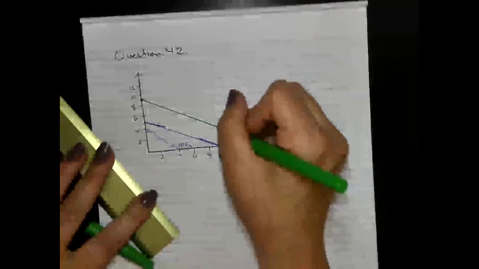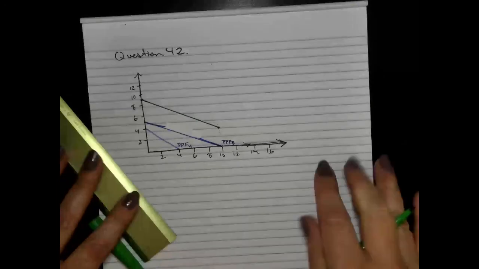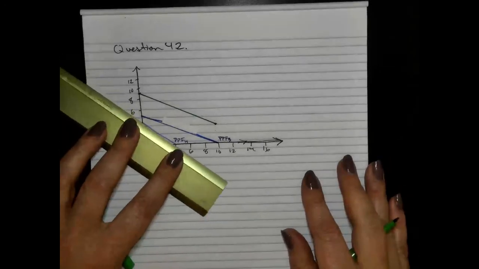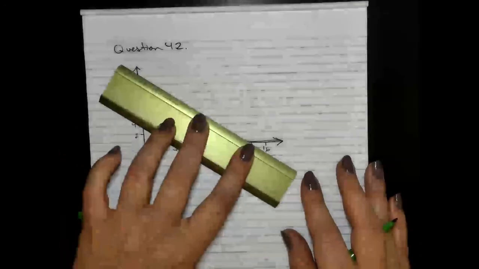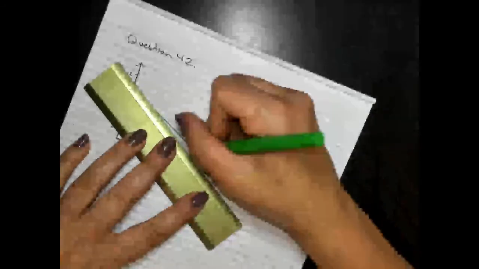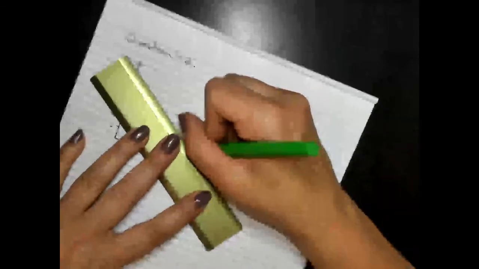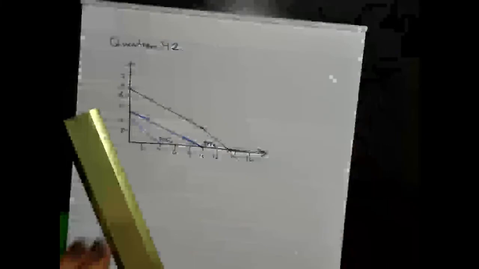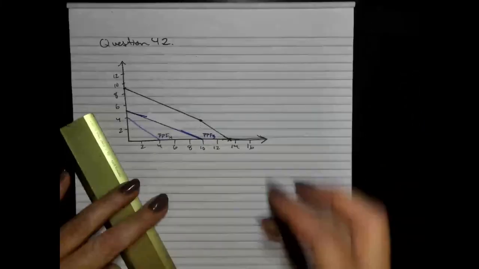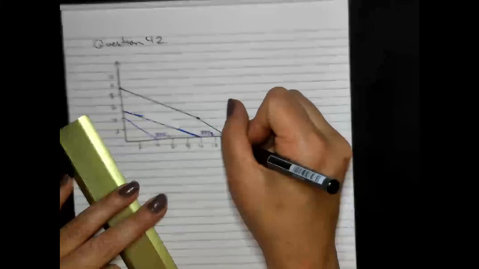And that's where there's going to be a bit of a kink, because now I'm going to add on the additional productivity of the second individual, which takes me with this same slope over to 14. It's going to be a little bit less kinked than I want it to be because it's not quite to scale, which again is one of these times when it does help to be a little bit more to scale, but that's okay. We'll just say that this is 14.